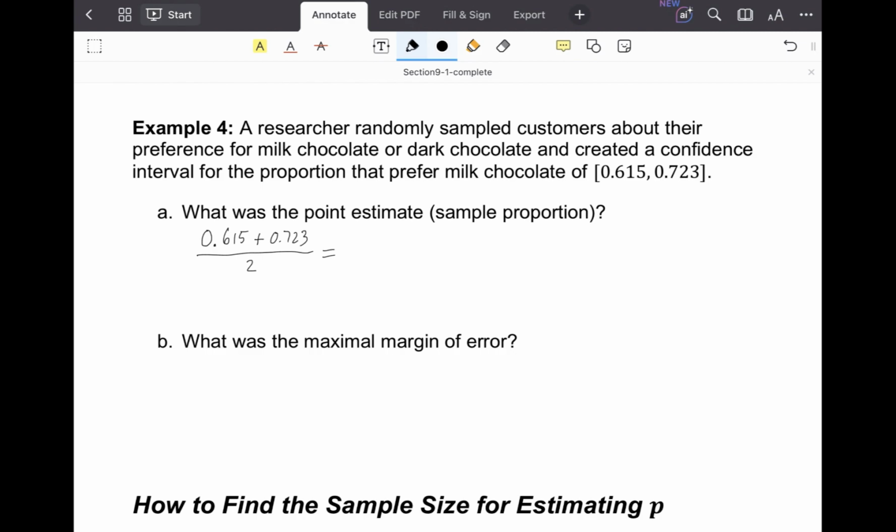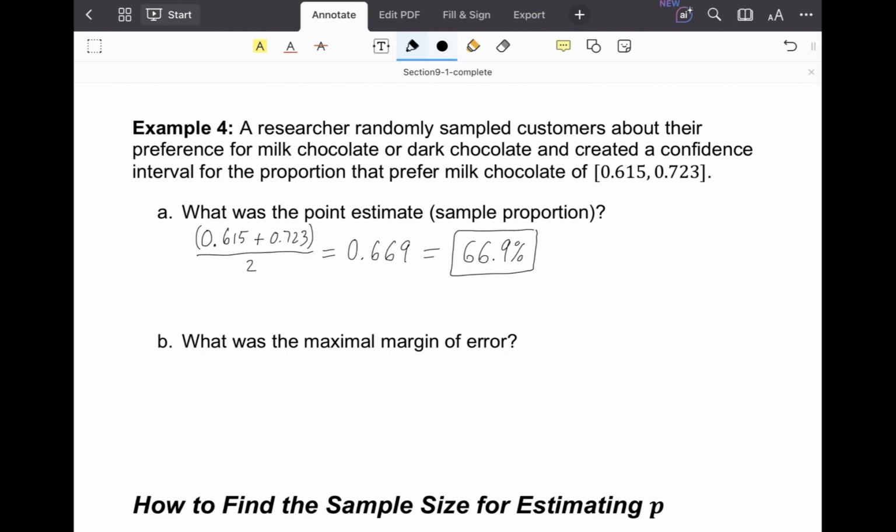And when we do that, make sure this would be in parentheses if you're doing it in a calculator. It gives us 0.669 or 66.9%. Now, this part B says, what's the maximal margin of error?